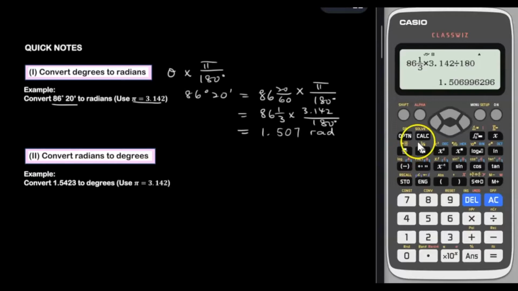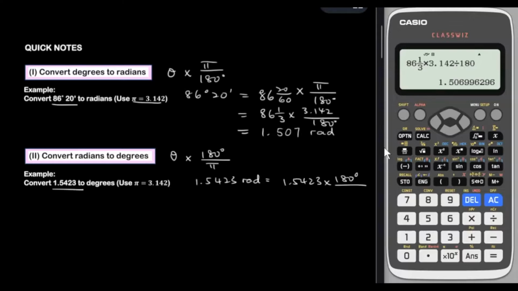Now we learn how to convert from radians to degrees. So if they give you the angle in radian, we times with 180 degrees over pi. Let's look at this question. Convert 1.5423 to degrees. So 1.5423, this is in radian. So I'm going to use 1.5423 times with 180 degrees over pi.